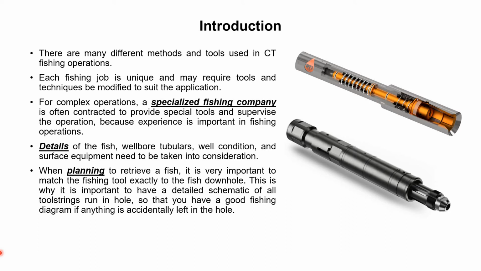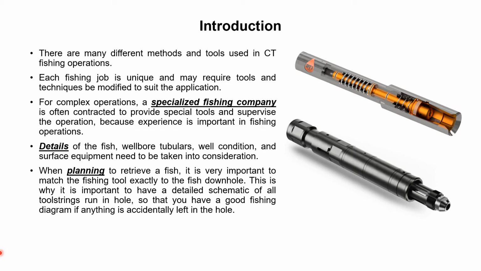When planning to retrieve a fish, it is very important to match the fishing tool exactly to the fish downhole. This is why it is important to have a detailed schematic of all tool strings run in hole so that you have a good fishing diagram if anything is accidentally left in the hole.